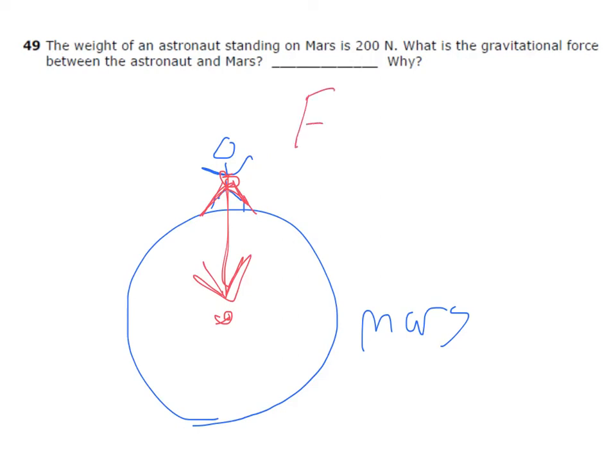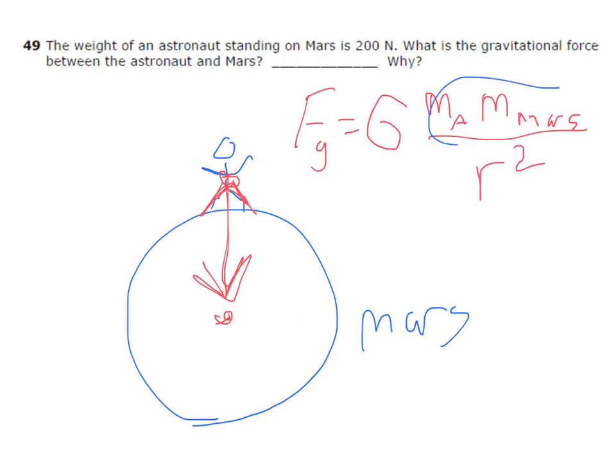And the reason is that gravity is equal to that big G times the mass of the astronaut times the mass of Mars divided by the radius of Mars squared, whatever that happens to be.